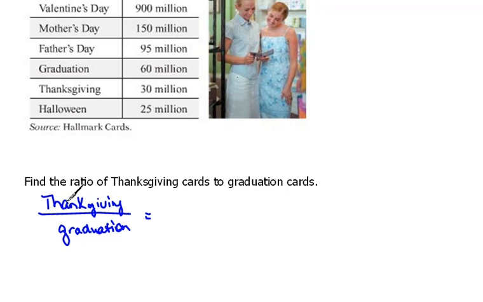So let's look at how many cards they normally sell on Thanksgiving, and that would be 30 million. And on bottom, we're going to write the graduation. So we go up to our table and we look at the graduation cards, which they've said is 60 million. Now, we can start reducing.